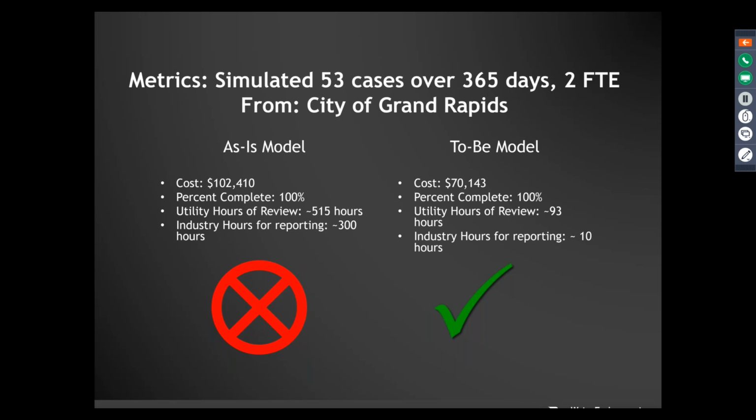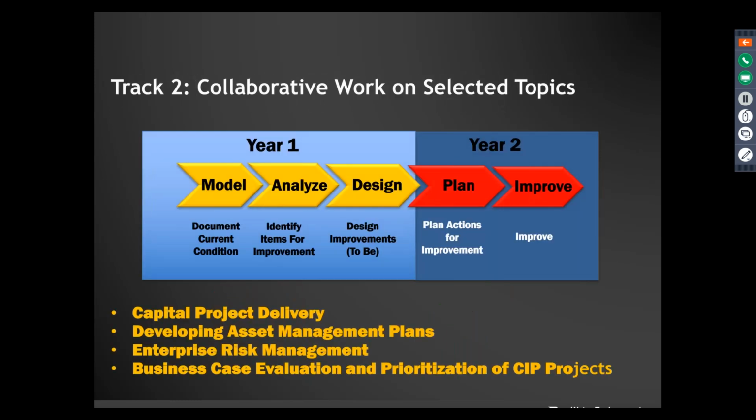So they use simulations to compare the performance under the existing and the redesigned business process, and the simulation results are shown here, and they included a fairly positive impact of these changes. So this case study was led by Mike Stoll and his colleagues, and is from Grand Rapids, and it's posted to the UAIM knowledge base.